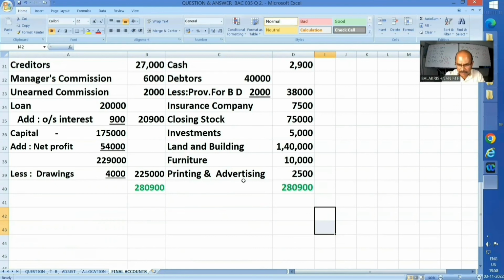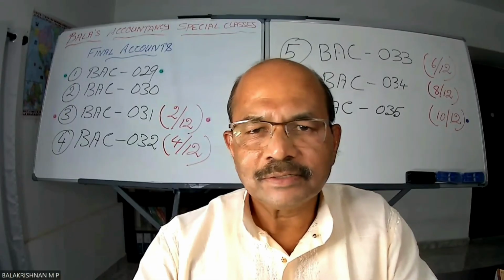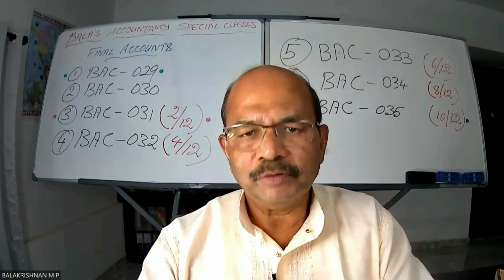Printing and advertising, this is the deferred revenue part of that one, we are showing here, 2,500. So both the sides tally. However, I am reconfirming it. Yes, we have verified and confirmed it also. So students, today's quota of two final accounts also I have ensured.